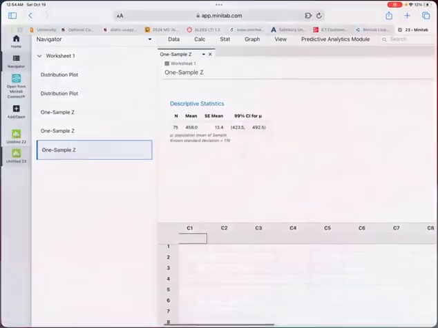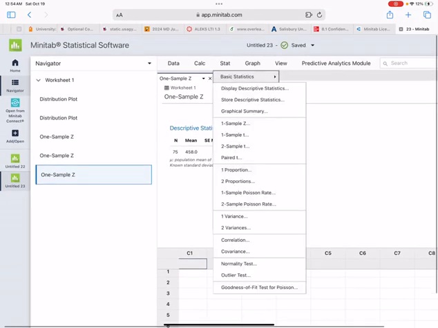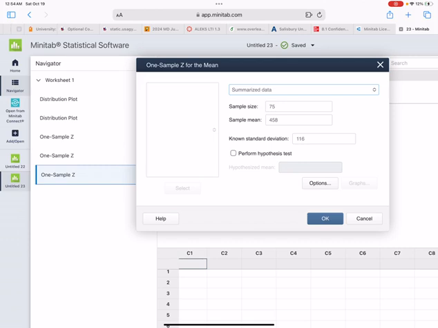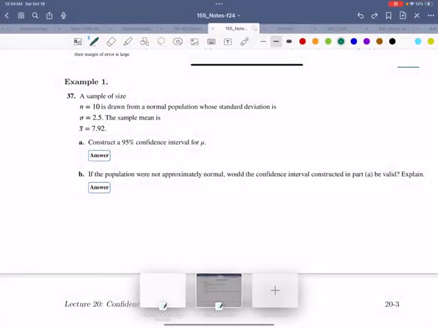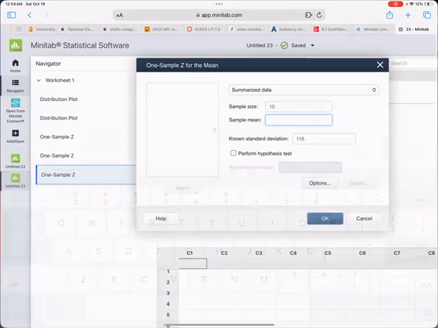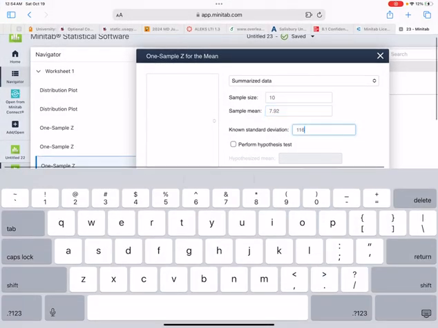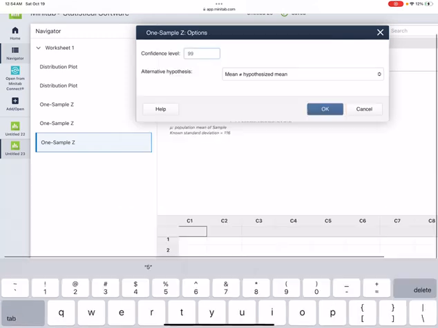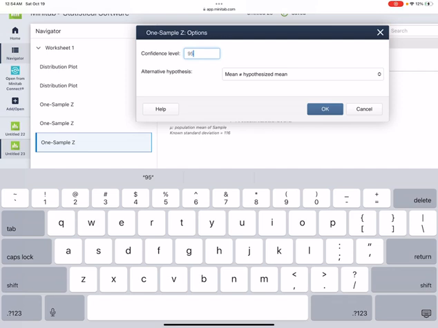We're just using Minitab here. Stat, basic stats, right? We had a sample size of only 10. Sample mean 7.92, and then that, I think that was the standard deviation. And I think they wanted a 95% confidence interval.